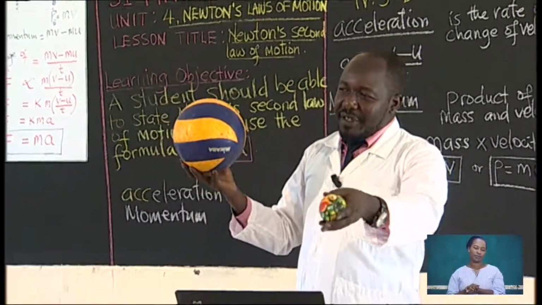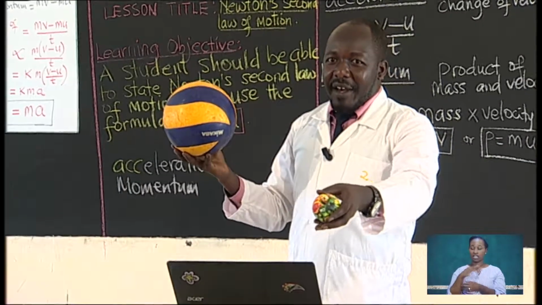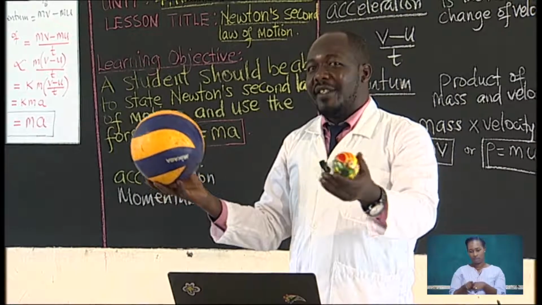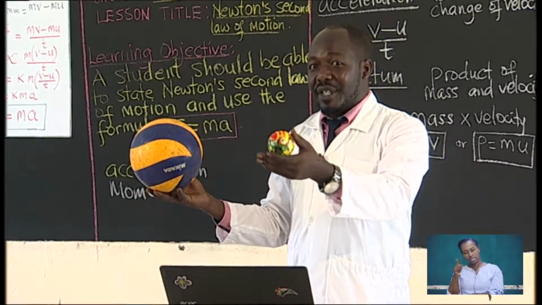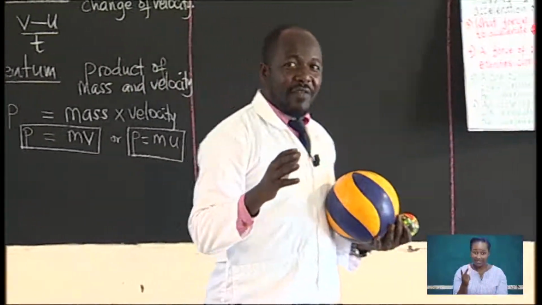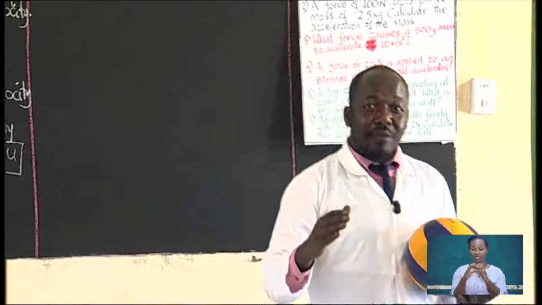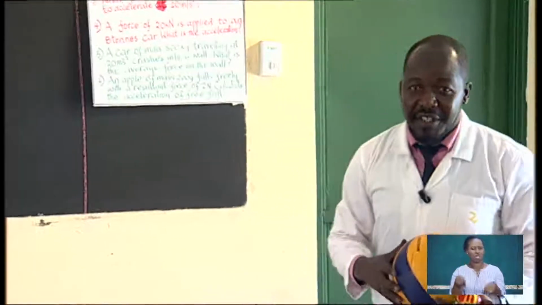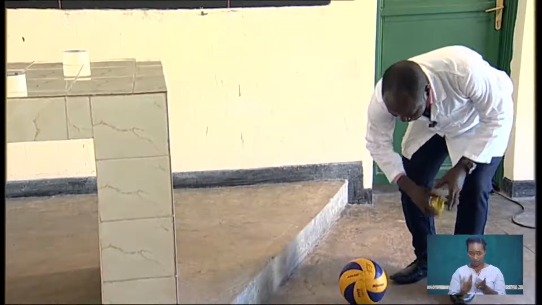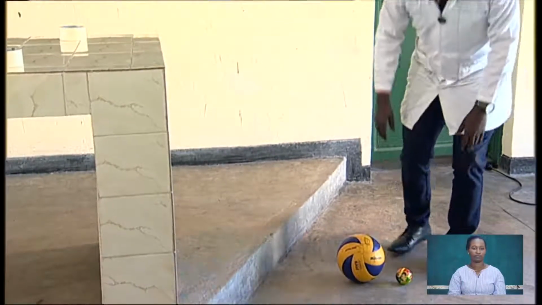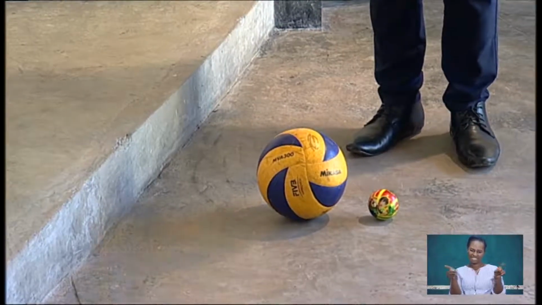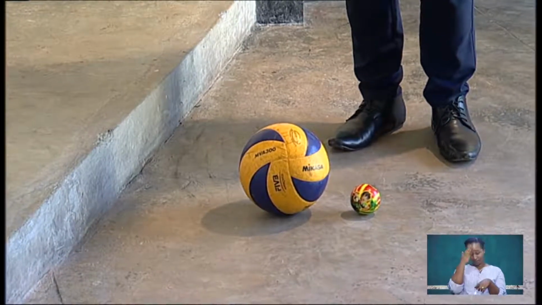I'm going to put these balls on the floor, and I will give them the same amount of force and see what the effect of this force is on the two balls. Are you ready for that? If you have your ball at home, you can also demonstrate this. So I'm going to put them down here and I'm going to give them a small force, but the same force. I know how to kick a ball. I hope you guys know how to kick a ball as well.